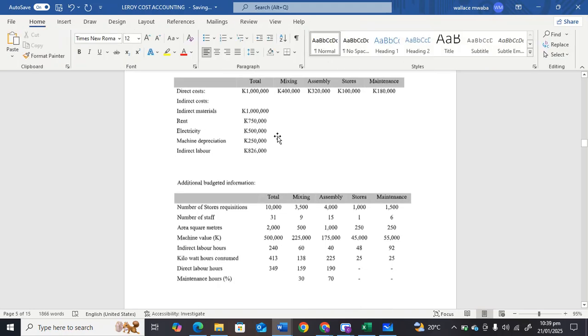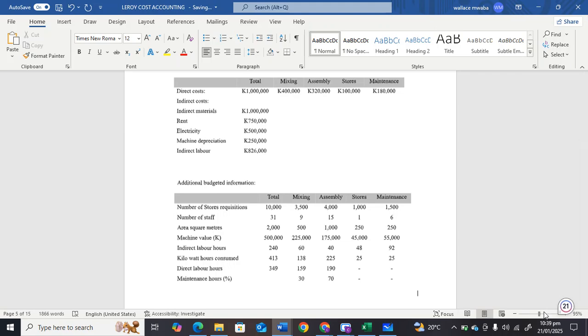So the first overhead we need to apportion is indirect materials, which is 1 million. We have to share it out amongst mixing, assembly, stores, and maintenance.